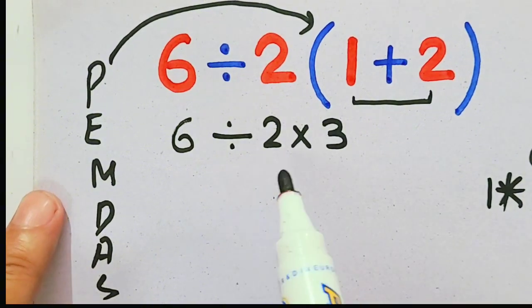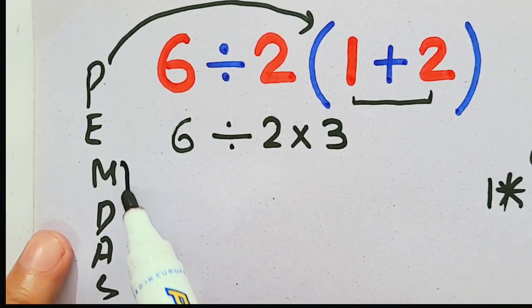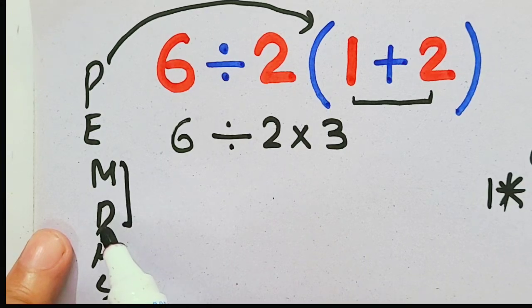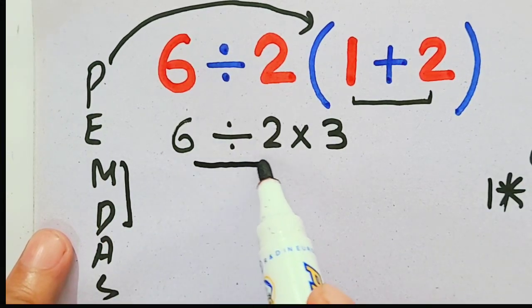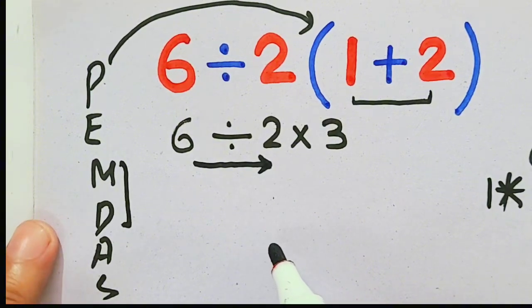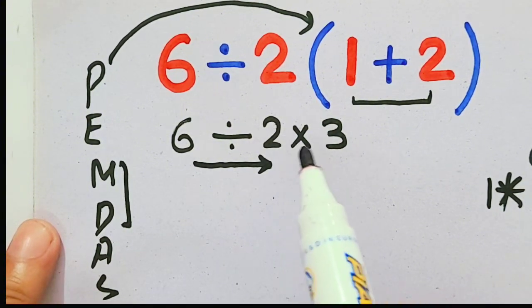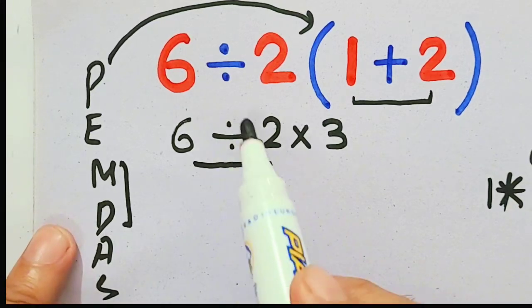Now, PEMDAS told us that if multiplication and division are in the same question, we have to move from left to right. Meaning, multiplication will not be solved first. So we have to divide first.